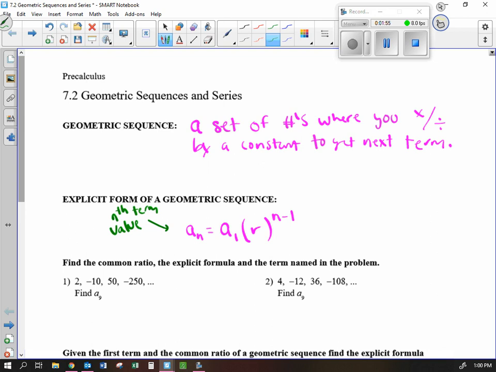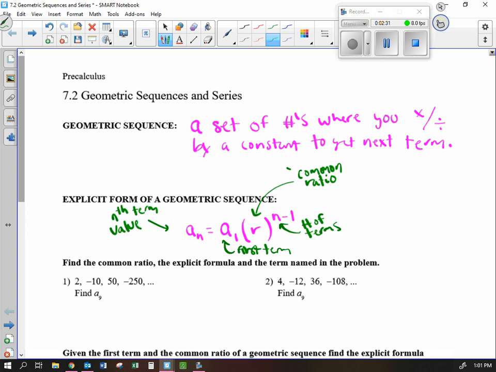A sub 1 is just our first term, the first term in the sequence. R is now the common ratio, instead of difference, denoted R as it is in our equation. And n is still the same as well, the number of terms in the sequence.